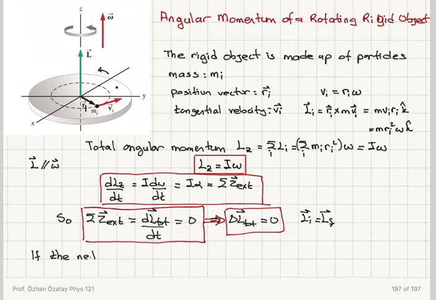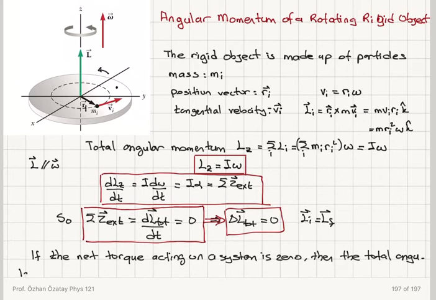Now let's state this. If the net torque acting on a system is 0, then the total angular momentum is constant in time.